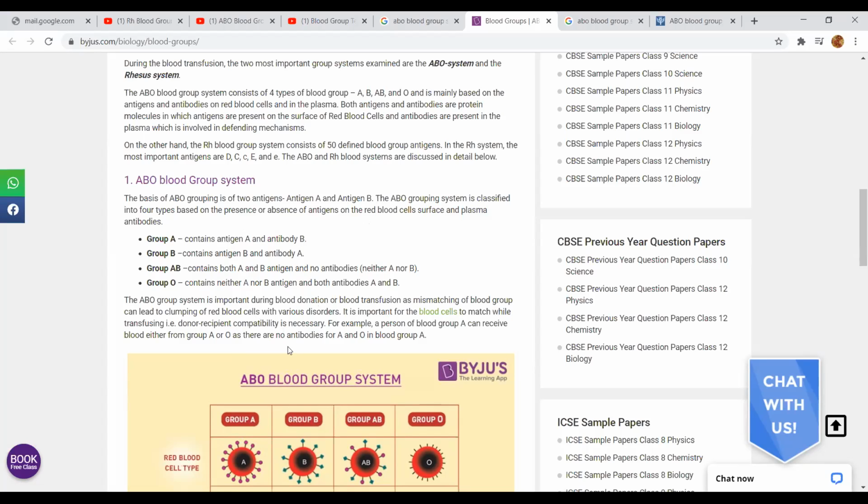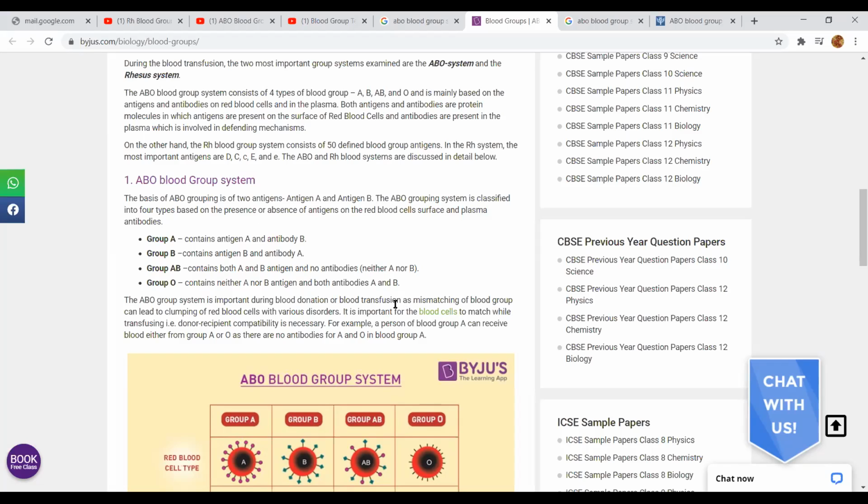Now here they are telling that a person with blood group A can receive blood either from group A or O. Now, why is O allowed to be given to a person with blood group A? Because there are no antigens in blood group O. So if that blood is received by a person with blood group A, the antibodies present in A will not react with anything because it has no antigen, and antibodies can do nothing.